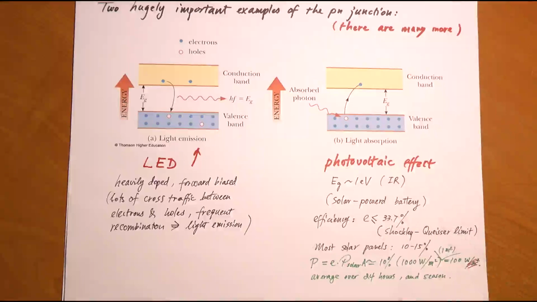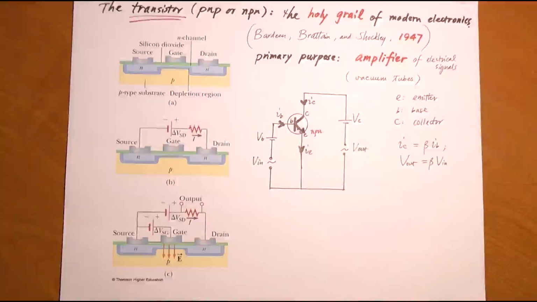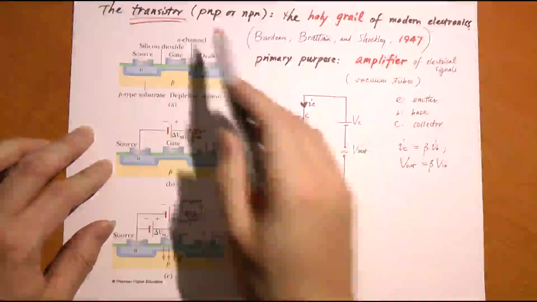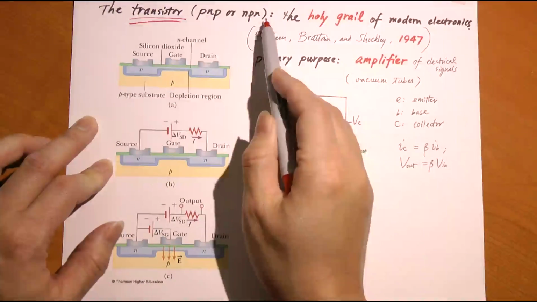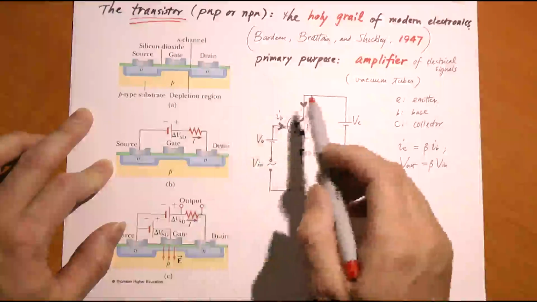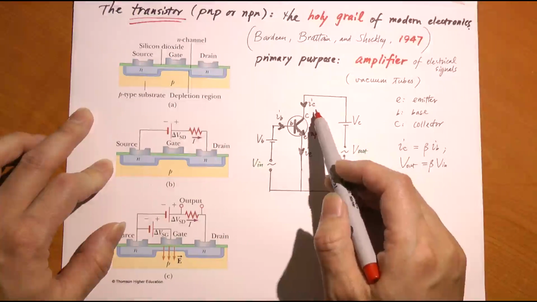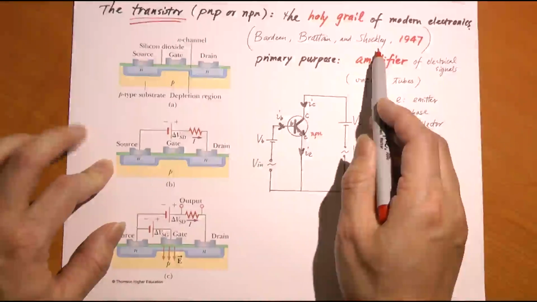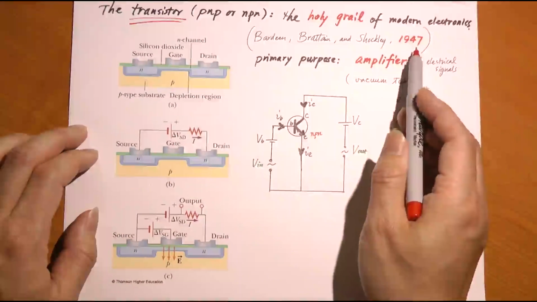And here is the physics behind it. So now we have two types of semiconductors, P and N type, and we already put P and N together. But what about if we put P and P together, or NPN? This would be called a transistor. The transistor was invented by 3 American physicists at AT&T Bell Lab, Bardeen, Brattain, and Shockley, in 1947.